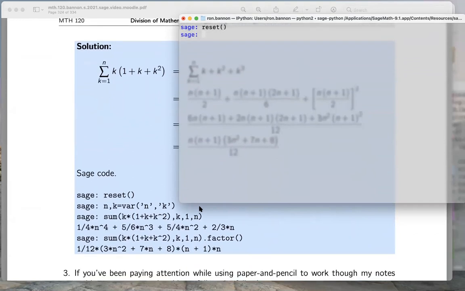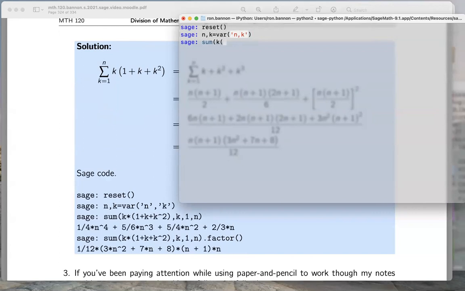And n and k are variables. By the way, there's a shorthand for this. I'm just going to put that in for you. I'm defining n and k as variables now. And then sum. I'll write this down for you.